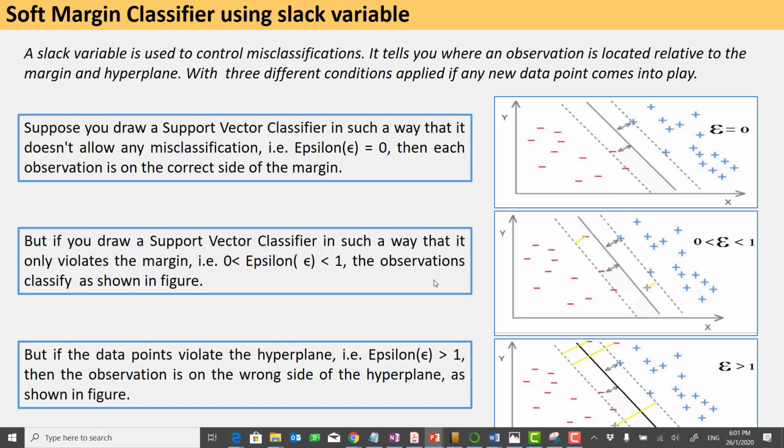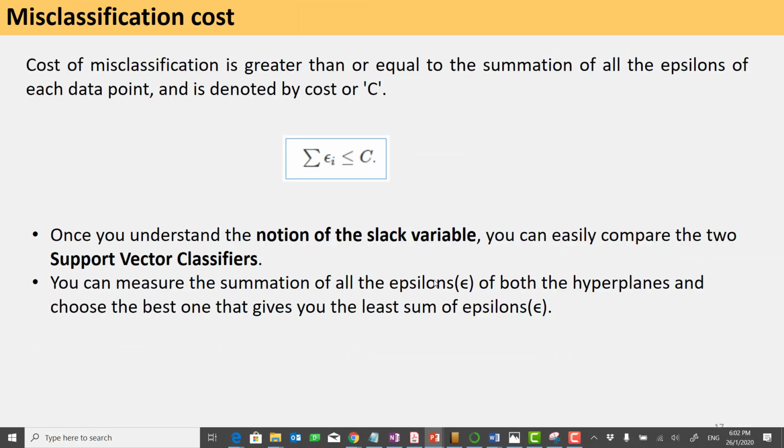So this is how the slack variable gives us the possibility to control the algorithm, how much you want the algorithm to control. You can set epsilon to 0, or less than, or greater than. So what will be the cost of misclassification if we apply that?